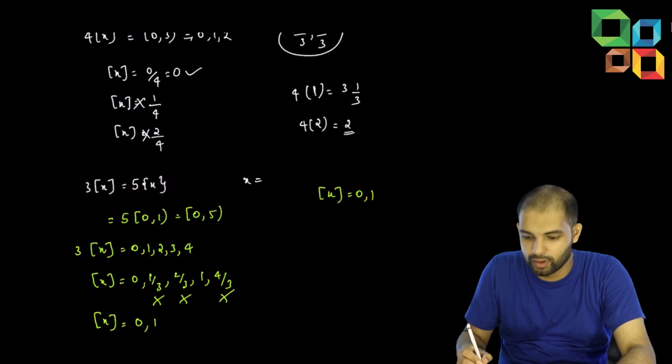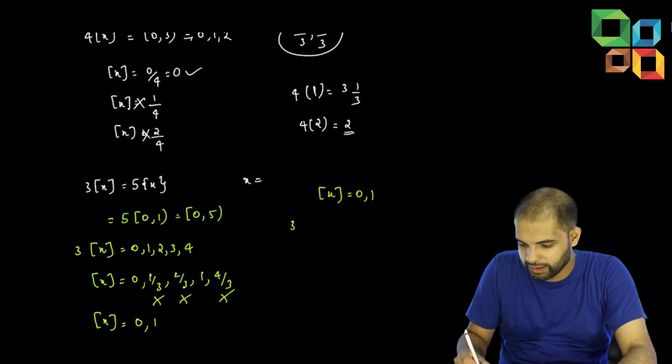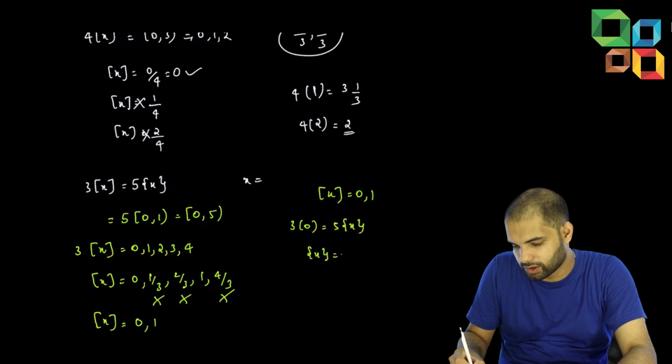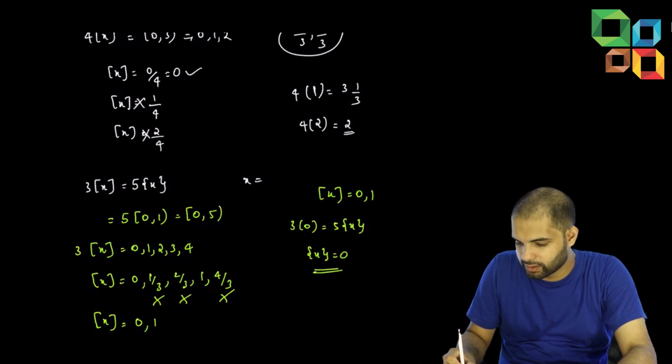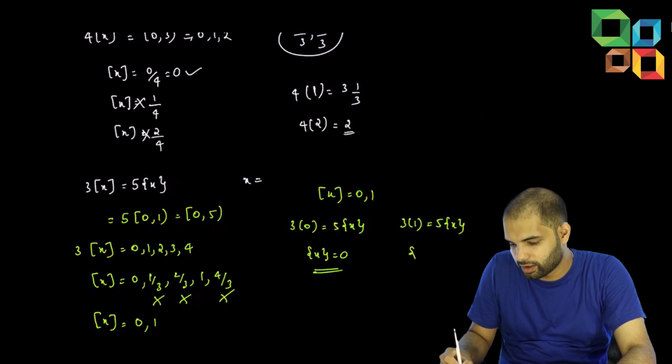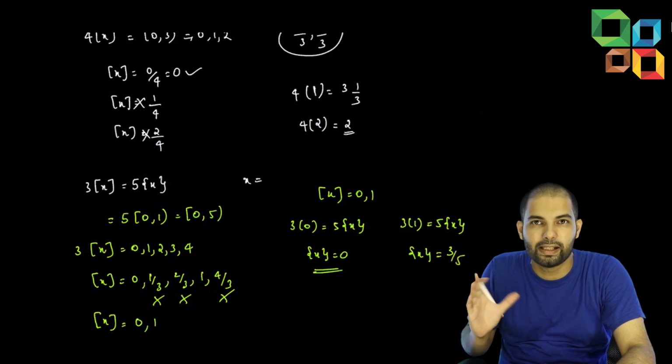First case, 3 into 0 is equal to 5 into fractional part of x. That means the fractional part of x is equal to 0, correct? What about the second case? Did you check this? 3 into 1 is equal to 5 into fractional part of x. So isn't the fractional part of x equal to 3 by 5? Isn't it a valid solution?